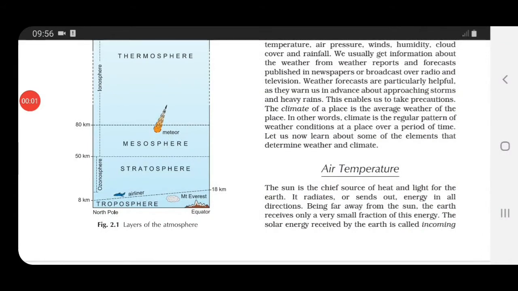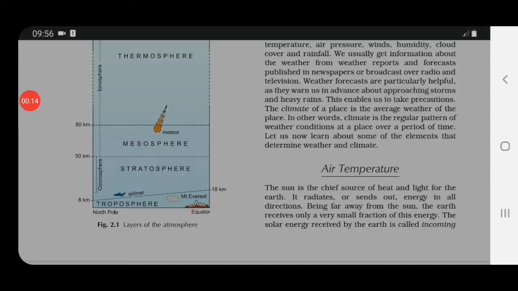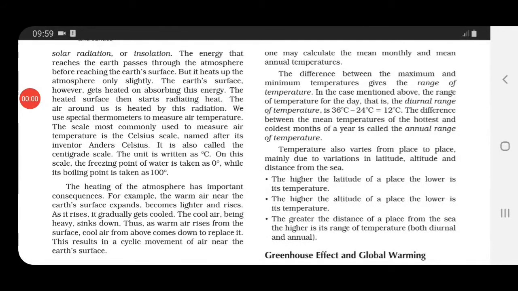Next they are telling children that the solar energy which is received by our planet Earth, what it is known as? It is known as incoming solar radiation, or you can say insolation. Okay. Page number 13, on the left side at the top, children. Now, the energy that reaches the Earth passes through the atmosphere before reaching the Earth's surface.